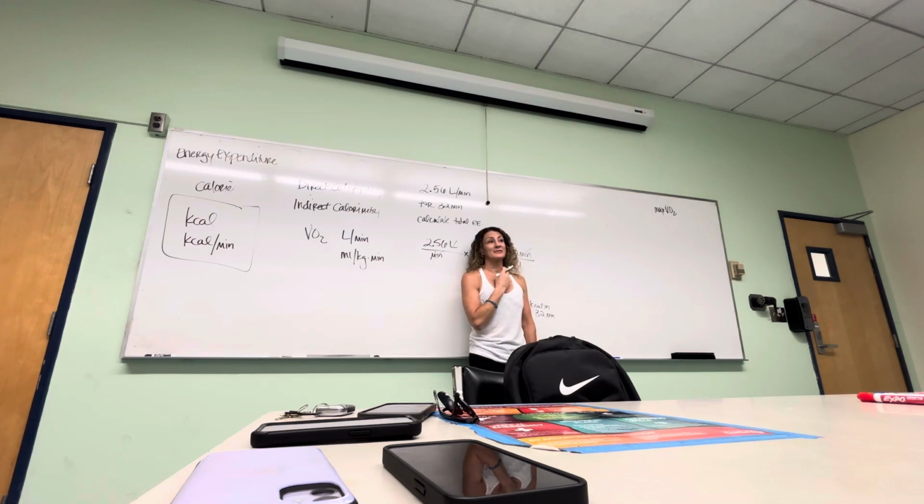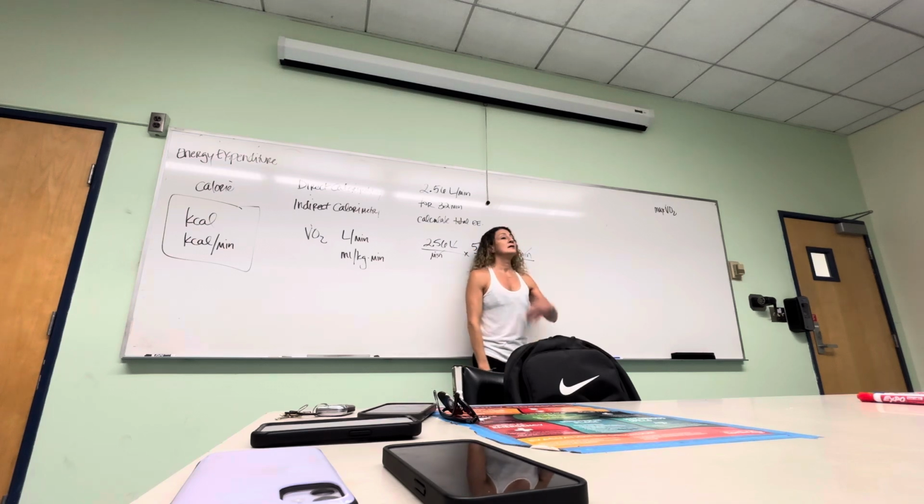Briefly. Yeah. Some of you a little bit? Okay, so your VO2 max is the highest amount of oxygen you can consume per minute, which is how we measure your aerobic fitness. So the highest amount of oxygen you can consume per minute is your VO2 max. That's how we measure your aerobic fitness.